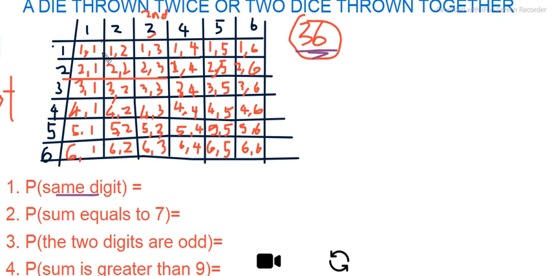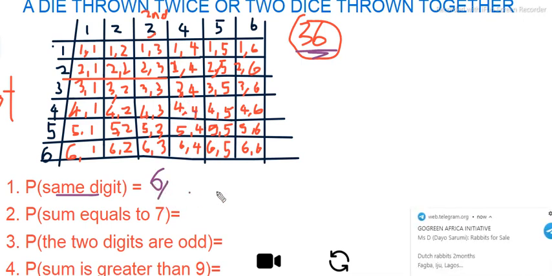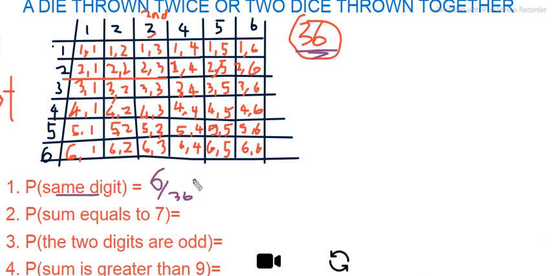Now let's count. How many are they? 1, 2, 3, 4, 5, 6. We have 6 in total. So that will be 6 over the total possibility, 36. So that is 6/36. When you reduce 6/36, this will give us 1/6. So the probability of having the same digits will be 1/6.